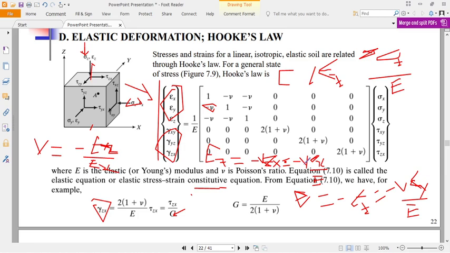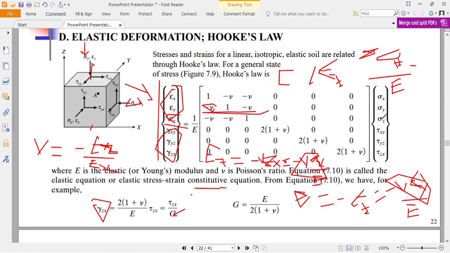There will be a reduction. Is that okay? A reduction in this strain as a result of this, minus again as a result of this.